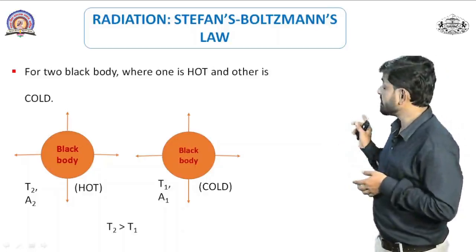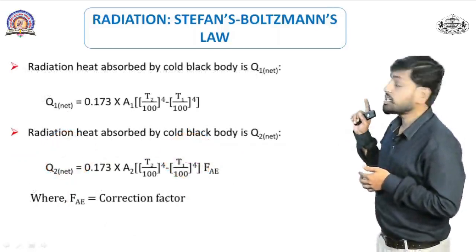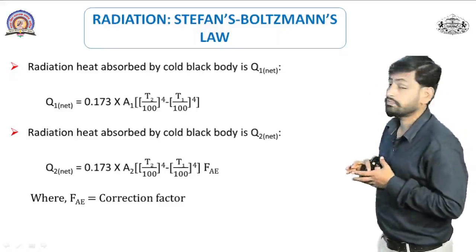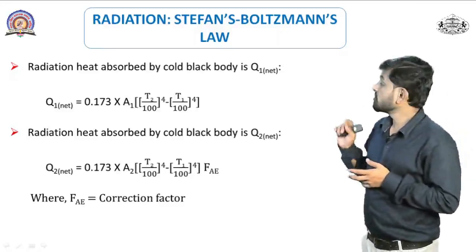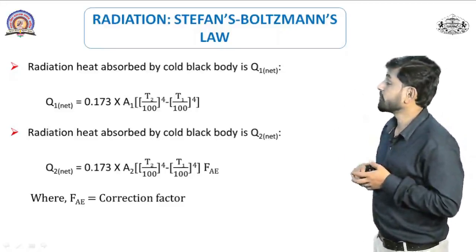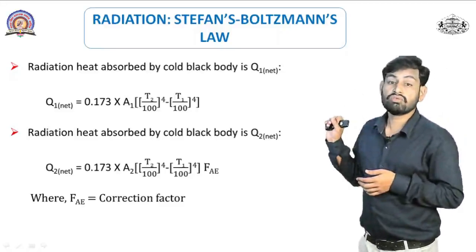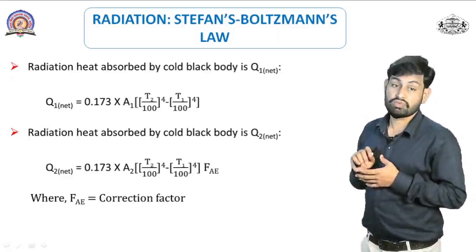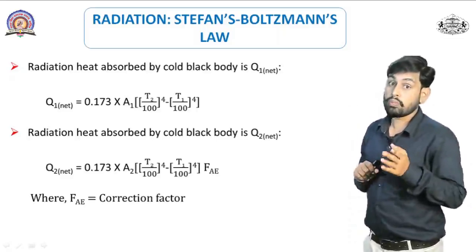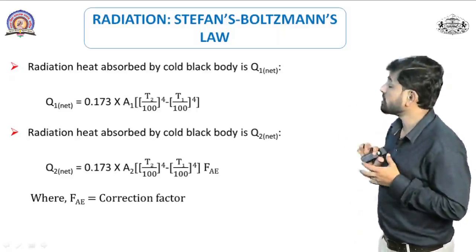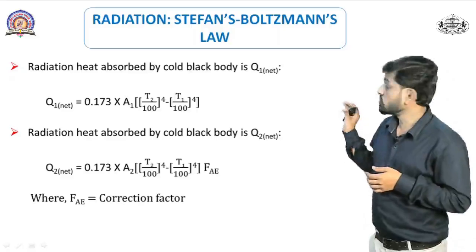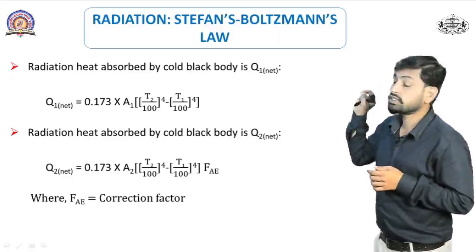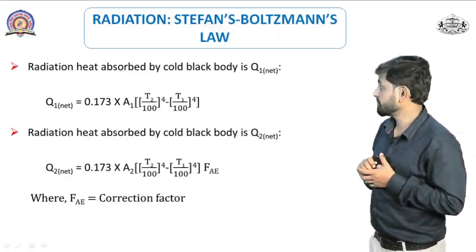The radiation heat absorbed by the cold black body is Q1, which we calculate first.